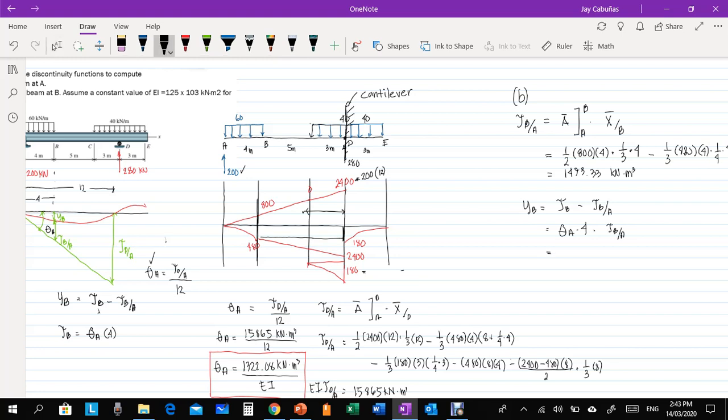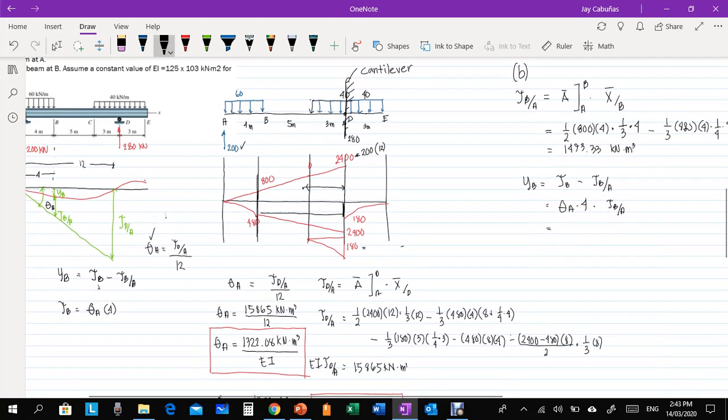Theta A is 1322.08 times 4 minus 1493.33, which is equal to 3795 over EI.